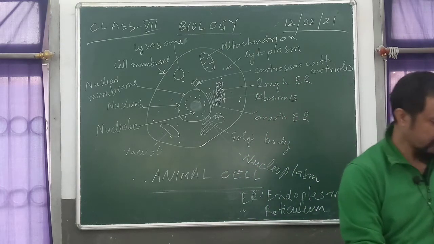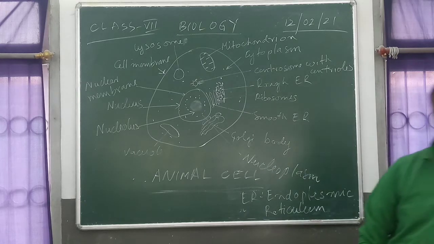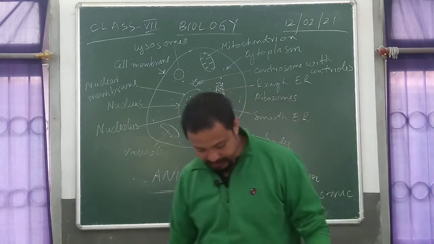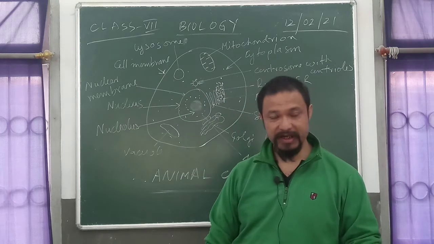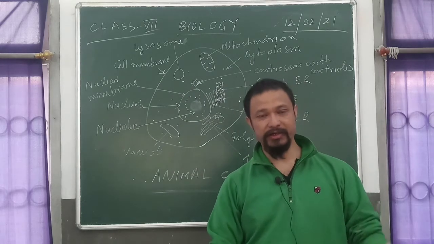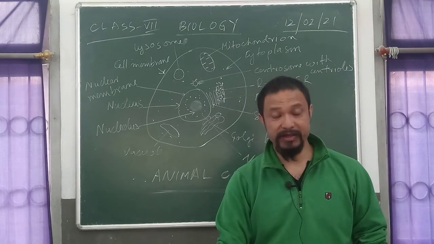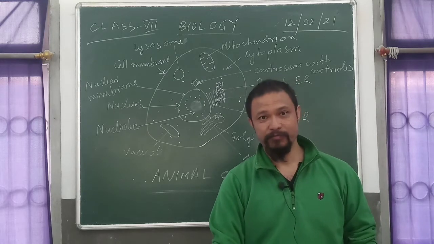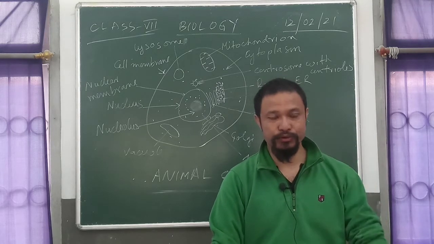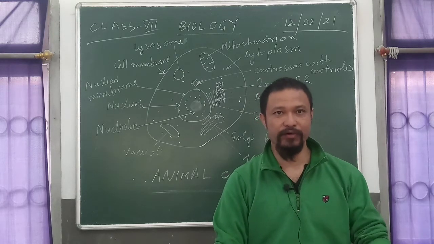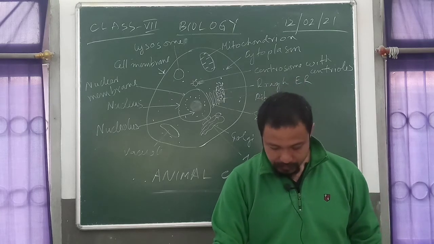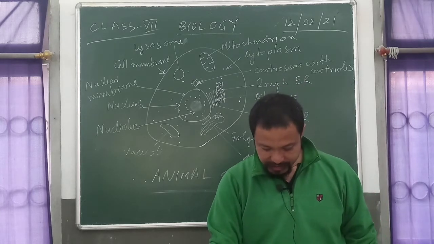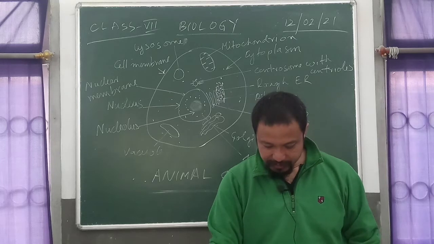But you children, each year you realize that you are taller and bigger than last year, because your cells are dividing like hell. One cell is producing two, two are producing four, like that. So the continuity of life depends on cell division.